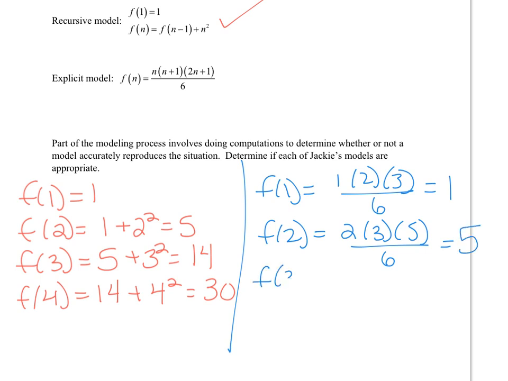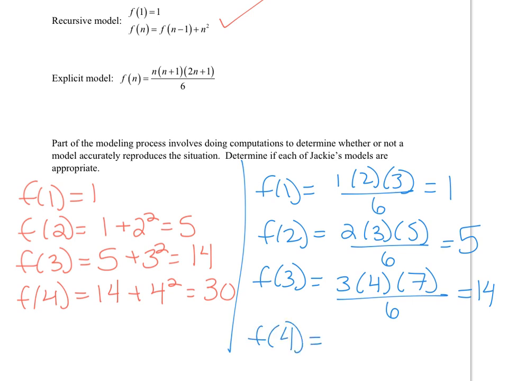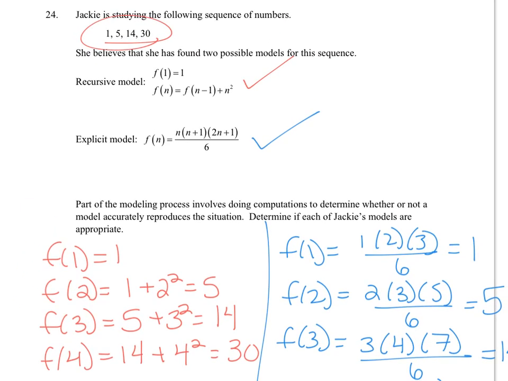When you plug in 3, we get 14. So far it's working. And when you plug in 4, we get 30. So both models work. The key with this question is you have to test all 4 values. You can't just do 1 or 2. You have to do every single one of them.